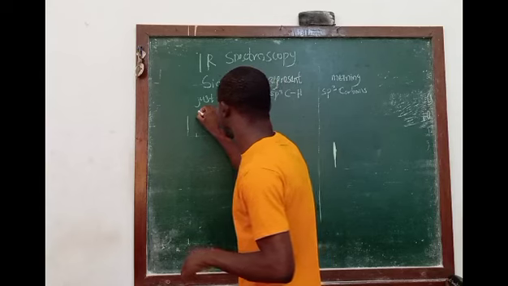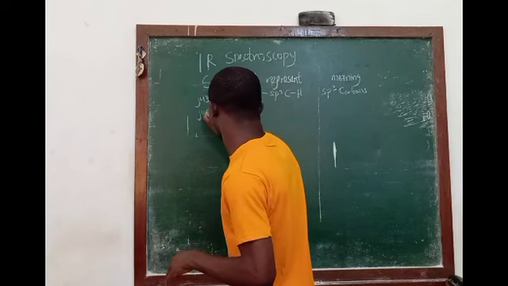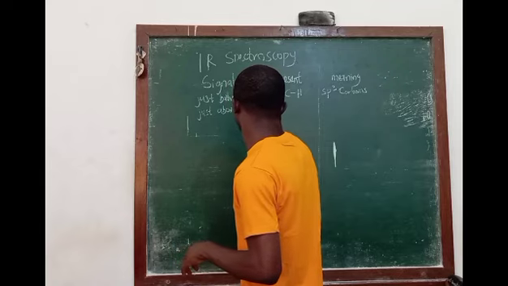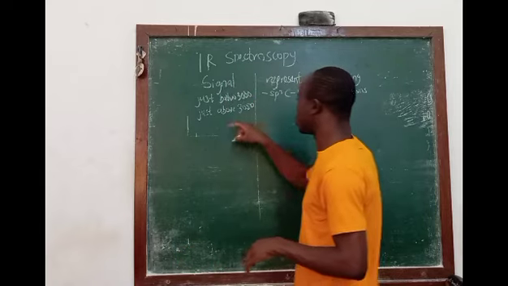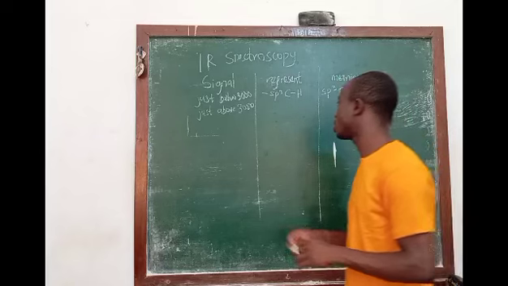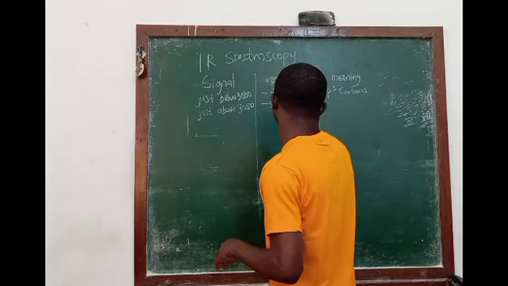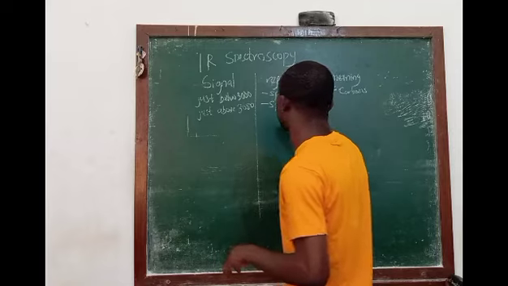Now you can also have a signal just above 3,000. What does this represent? It represents an sp2 CH stretching vibration.